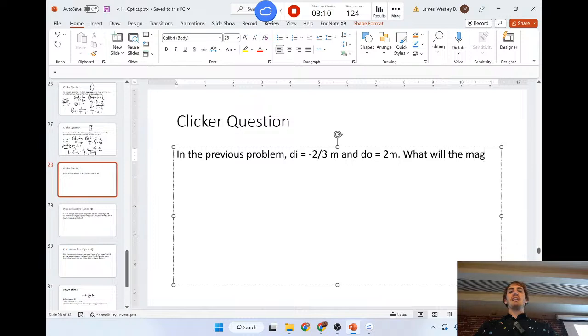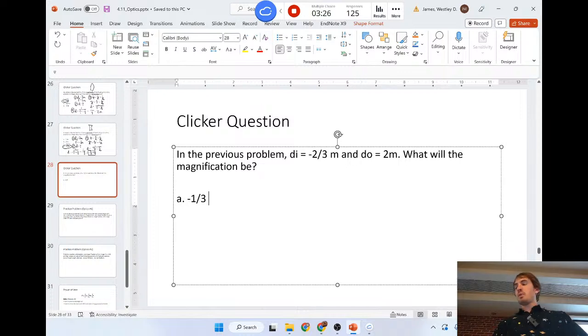What will the magnification be? So this is going to be a throwback, kind of look through our stuff. Will it be -1 over 3 meter, or -1 over 3? Magnification has no units. Will it be +1 over 3?